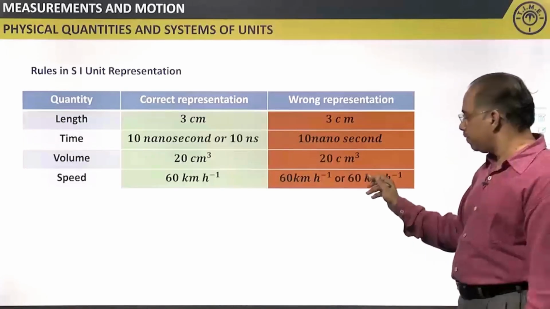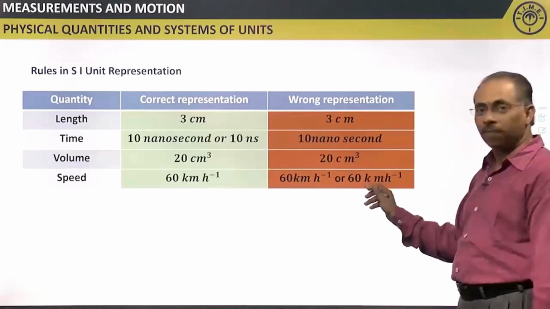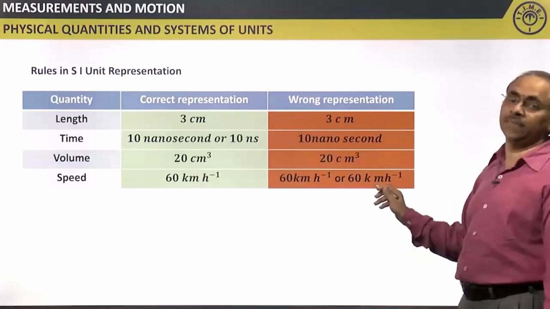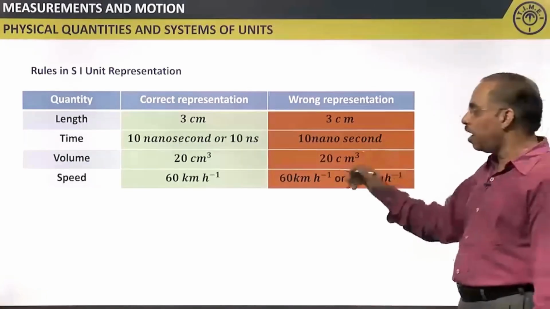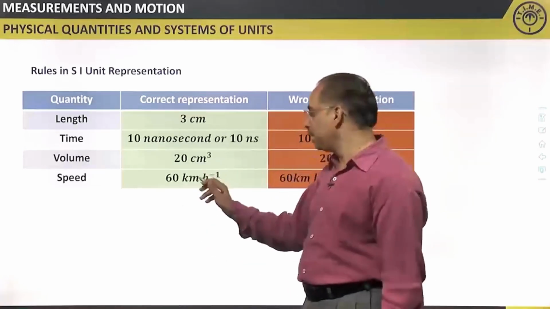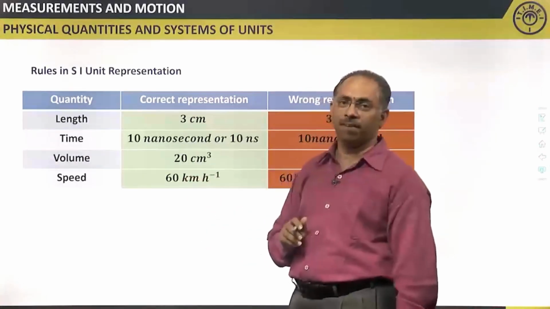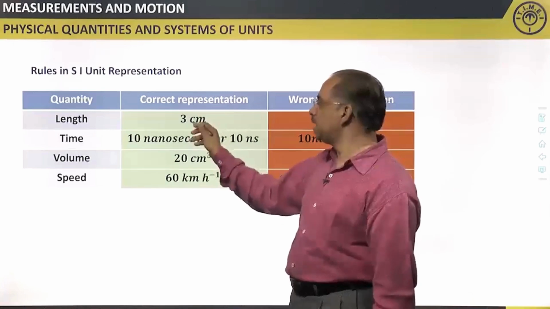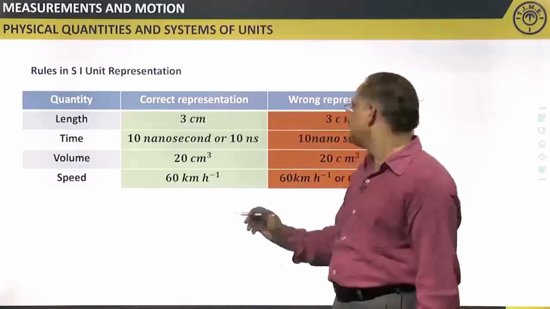If you delete the space, that is a mistake. If you give the space here, that is a mistake. You should not give space between k and m, whereas you should give space between 0 and k. Same way here, centimeter, C and m, you should not give space. Here, that is a mistake.